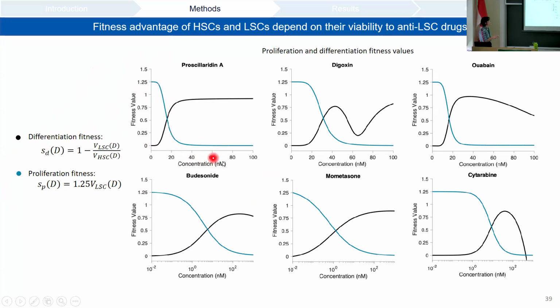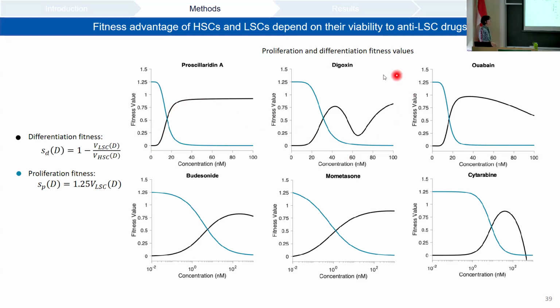And then as you add more of the drug, they become even less fit to proliferate than HSCs. For the differentiation fitness, at 0 it means that both HSCs and LSCs differentiate with the same probability. But as you add more drug, there is a higher chance of selecting an LSC for differentiation.